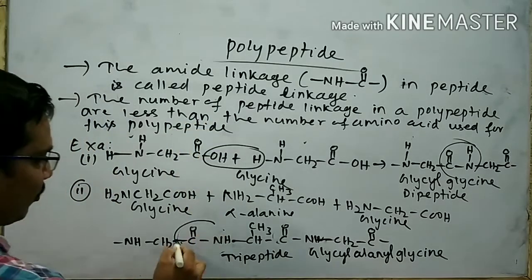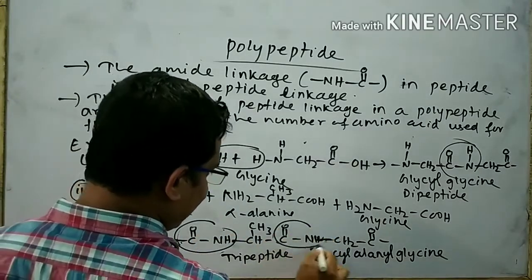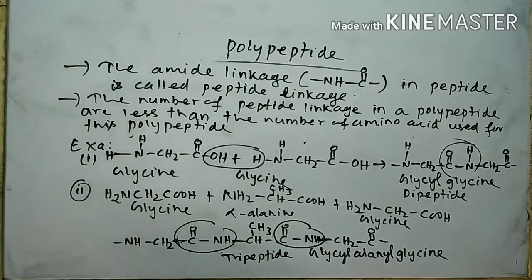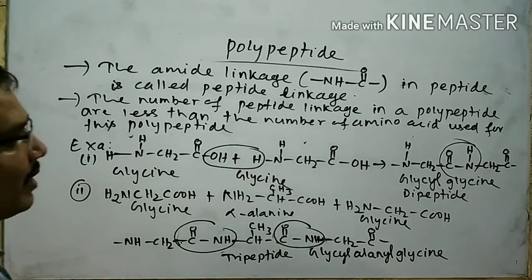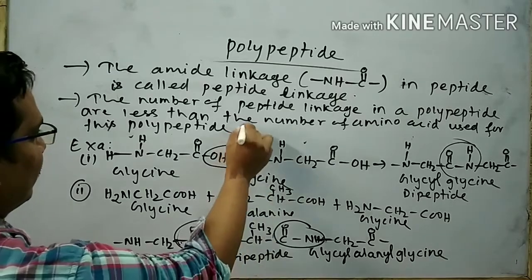Look at that, here two peptide linkages are present, but the number of amino acid molecules is 3. So we can conclude that the number of peptide linkages in a polypeptide are less than the number of amino acids used for this polypeptide formation.